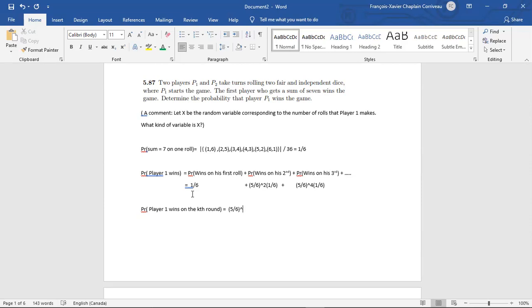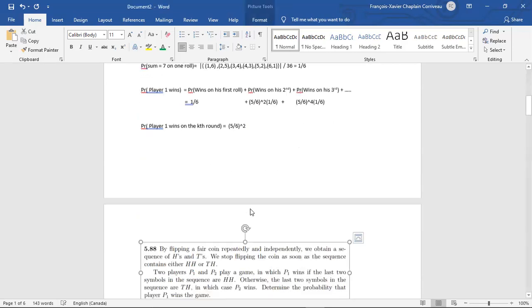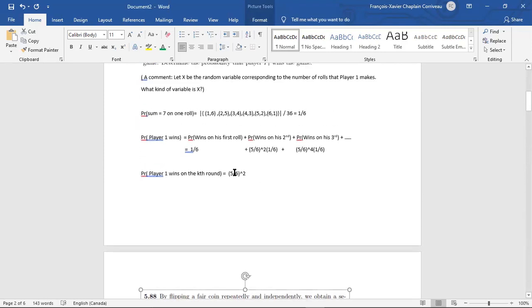So on the first round, it works out. Right? So 2k minus 2, which is the same thing as 2 times, k minus 1, I should be saying.